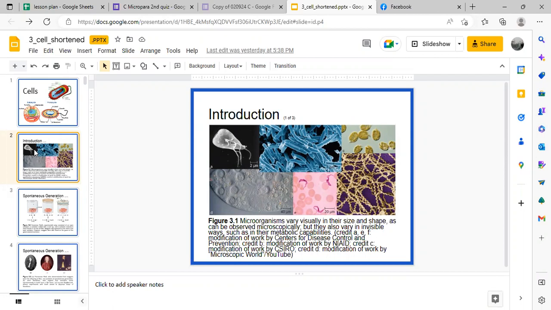So imagine if you were not aware of microorganisms or that life comes from other life, you might think that whenever rain comes, for example, so when it's dry season, there's no frogs. Tapos umulan, bigla magkakaroon ng maraming frogs, no?